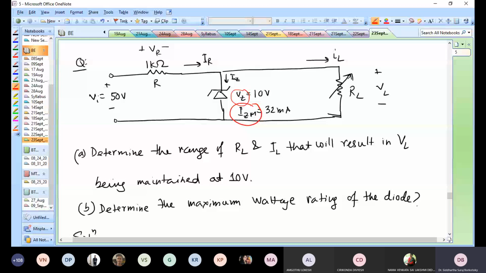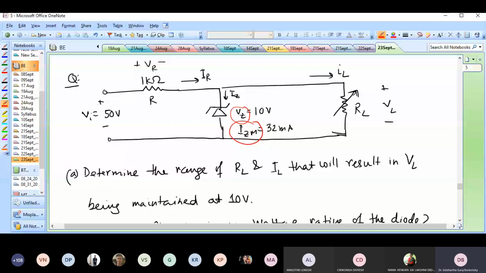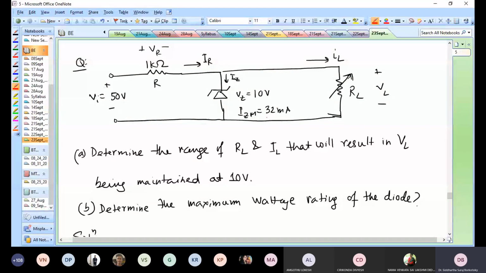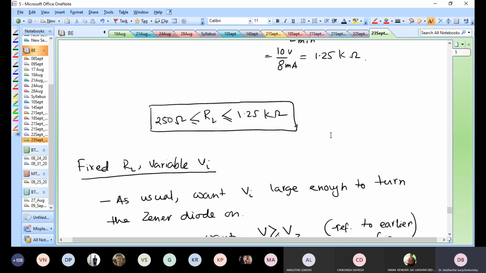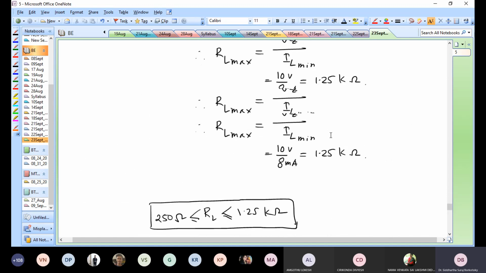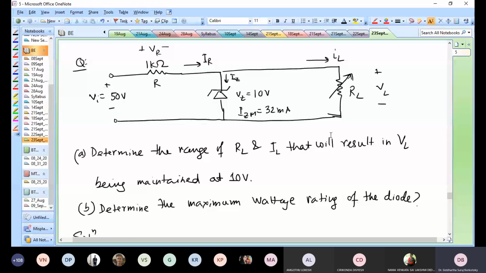Diode voltage is constant, 10 volts, so all we can change is the current. If I increase the current and reach the maximum of 32 milliamperes, then I am going to get a power of 32 milliamperes times 10 volts, which is 320 milliwatts. So that maximum wattage rating is easy.